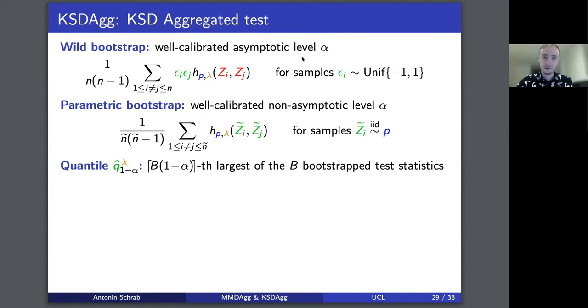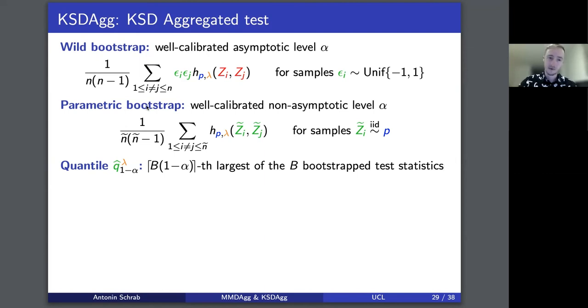For the wild bootstrap, we actually obtain only asymptotic level alpha. The argument that we used before, based on the Romano and Wolf result to obtain non-asymptotic level, does not work in this case. That's why we don't include the original statistic here as well.